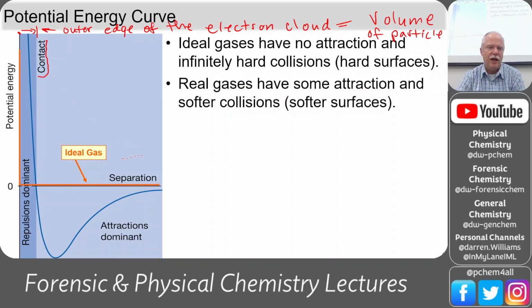But notice the ideal gas goes to the actual coordinates of the nucleus. So ideal gases, we ignore the electron cloud. They have what we call infinitely hard collisions. There's no floppiness to the molecule at all, or atom at all, and I will say no volume.